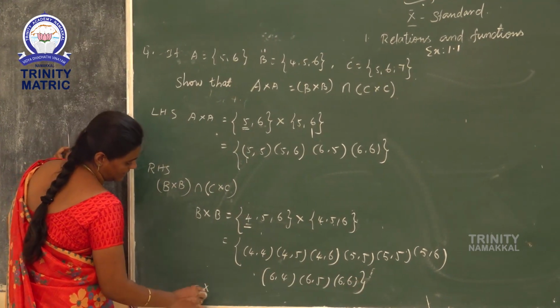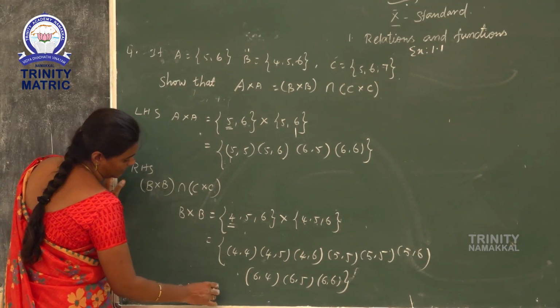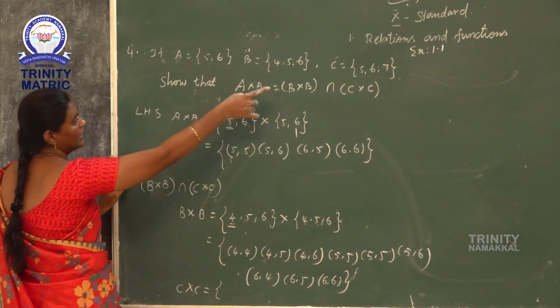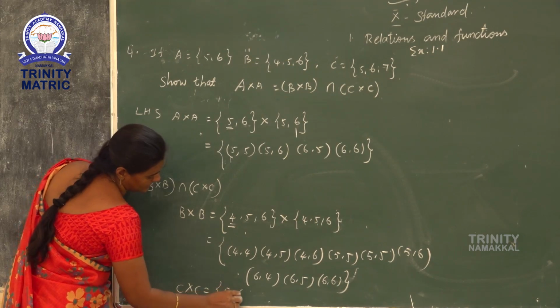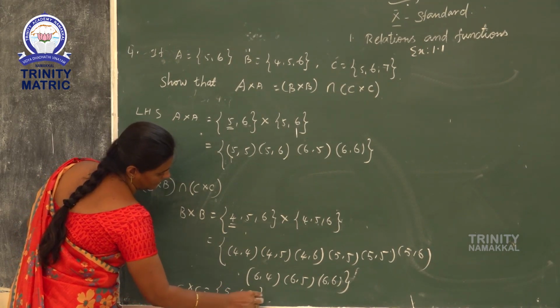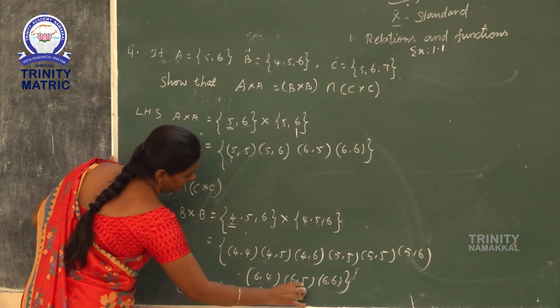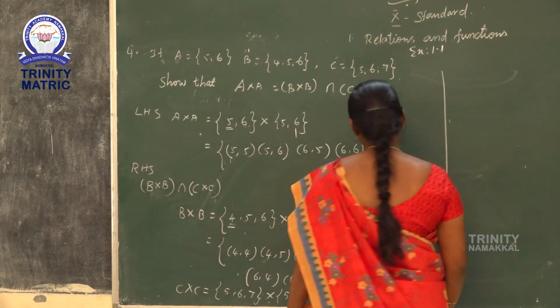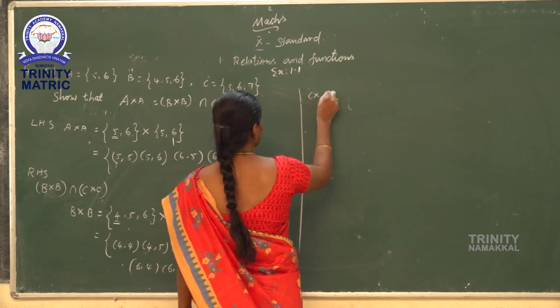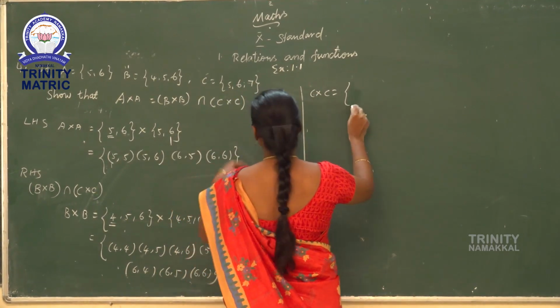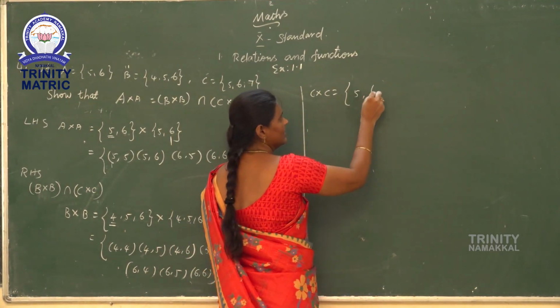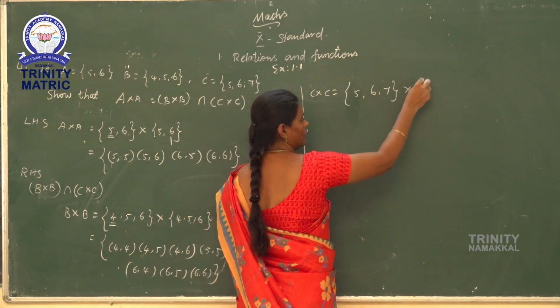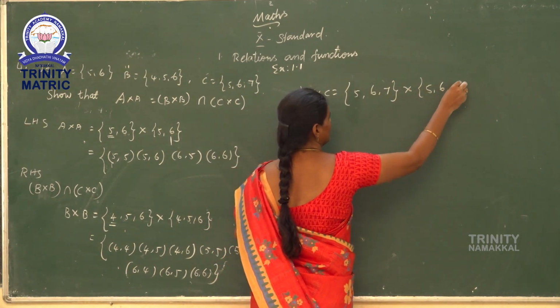Then we find C cross C. What is C? 5, 6, 7, cross 5, 6, 7.